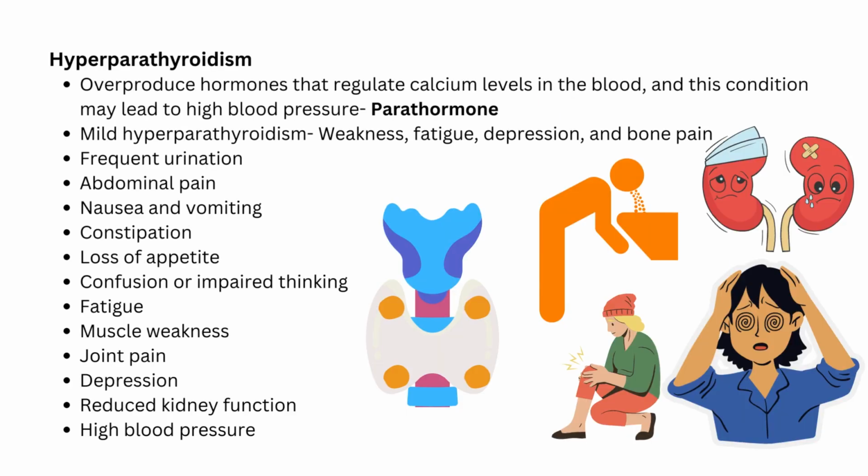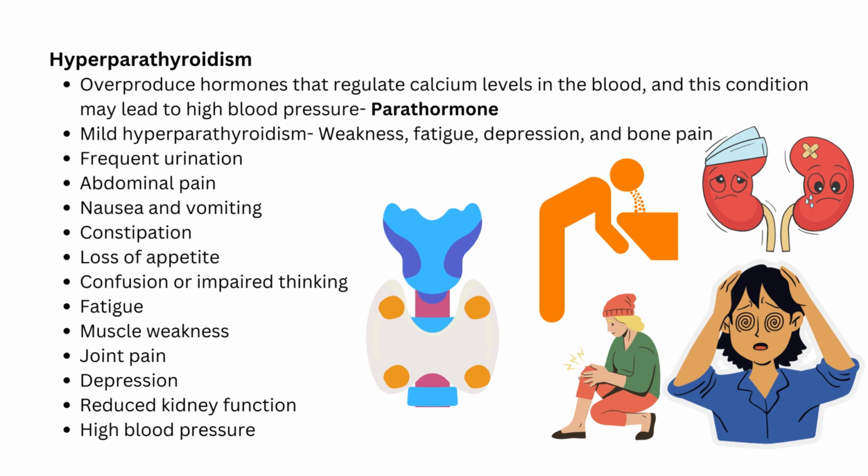Hyperparathyroidism. In this condition, the parathyroid glands, located in the neck, overproduce hormones that regulate calcium levels in the blood, and this condition may lead to high blood pressure. If you have mild hyperparathyroidism, you may experience symptoms such as weakness, fatigue, depression, and bone pain.